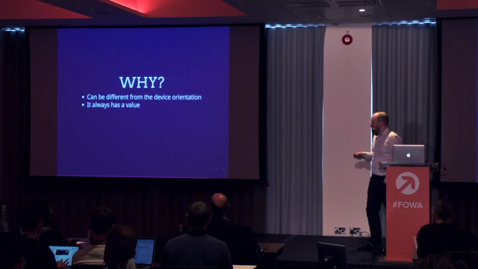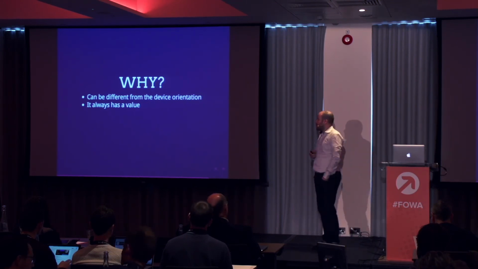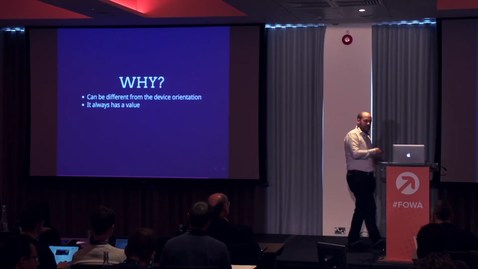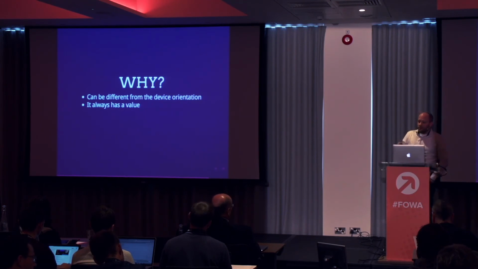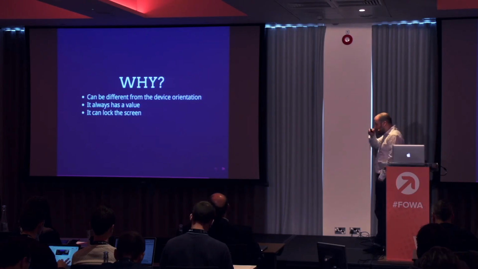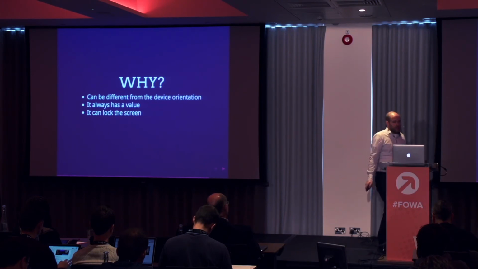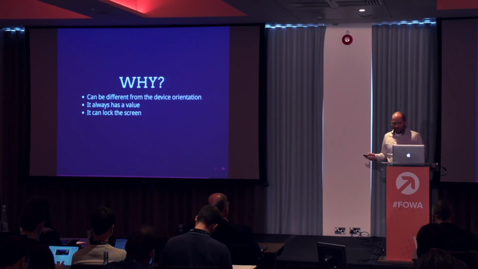It even has a value for devices that do not themselves know their orientation, like my laptop. It doesn't know what orientation it has, and it still can have a screen orientation. And you can use it to lock the screen orientation, which is something new we couldn't do before. Or we had to do a lot of hacking to compensate for the fact that you turned your device.